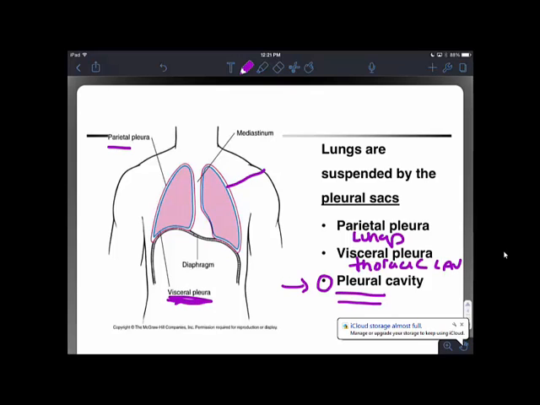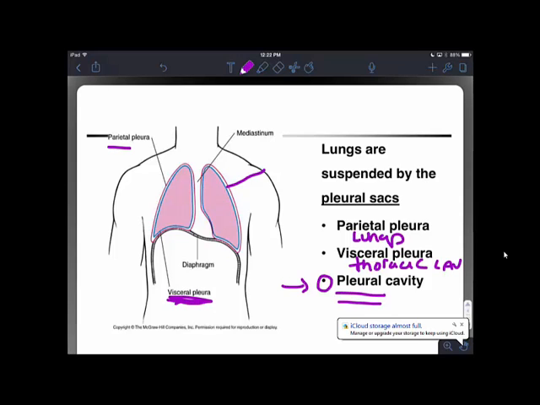So one way to think of it is if you take two pieces of glass and you put water in between them, the two pieces of glass stick together. Even though the two pieces of glass aren't touching each other, there is a suction that forms between the two pieces of glass within the water that prevents you from pulling the glass apart.